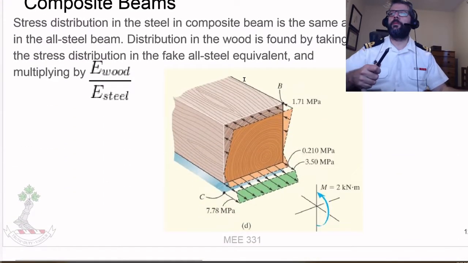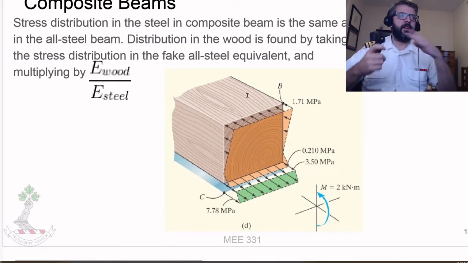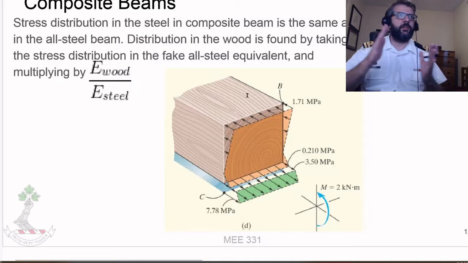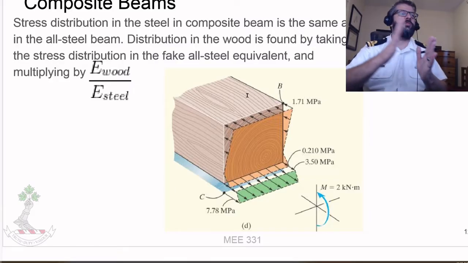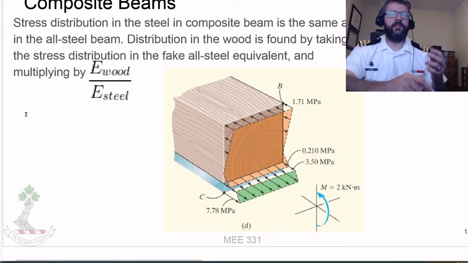But when we go back to the actual situation, that stress distribution was based upon the strain. Again, our stress is proportional to the strain and the Young's modulus.